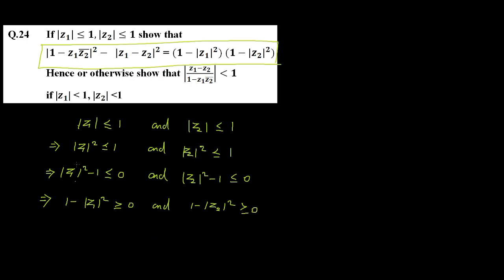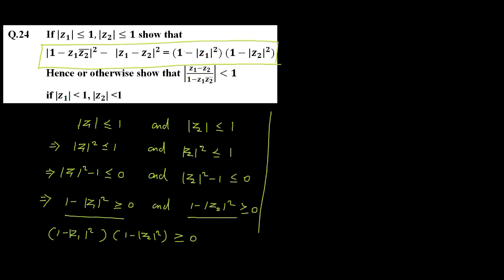If you will see, I have already highlighted this in the question. From these two data, we can write (1 − |z1|²)(1 − |z2|²) ≥ 0.